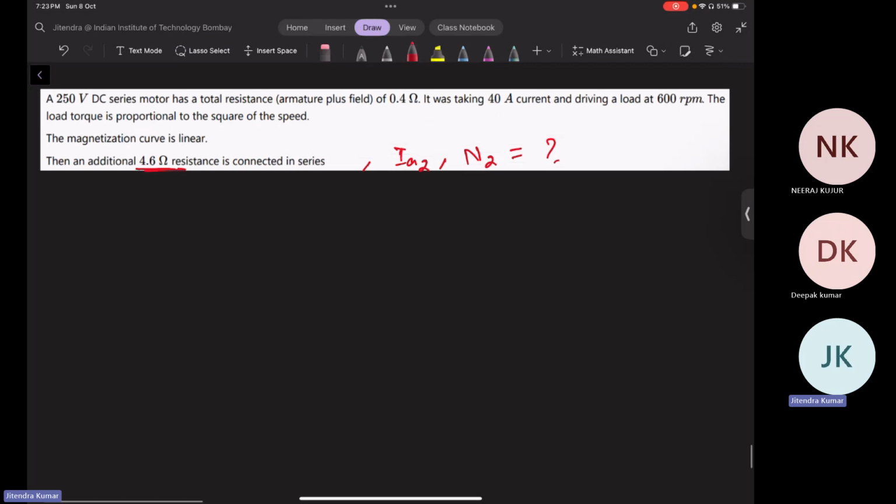Again, this is a series motor with total armature plus field resistance of 0.4 ohm. It was taking 40 amps of current and driving a load at 600 rpm. Load torque is proportional to the square of speed. Now we have to find the case when an additional 4.6 ohm of resistance is connected in series. So R1 is 0.4 ohm and R2 is 4.6 plus 0.4, which will be equal to 5 ohm.